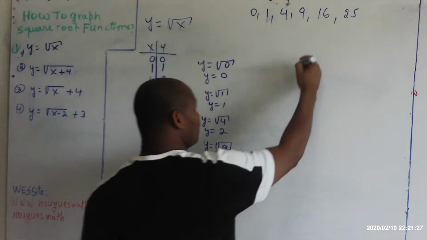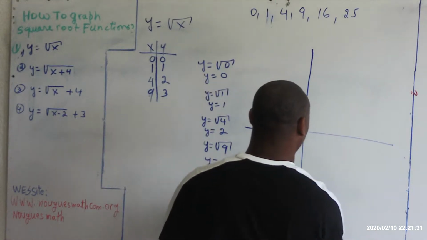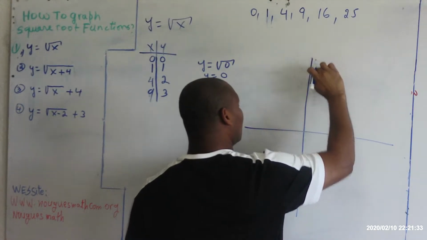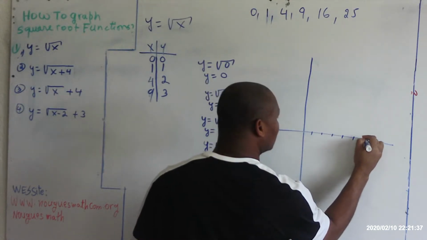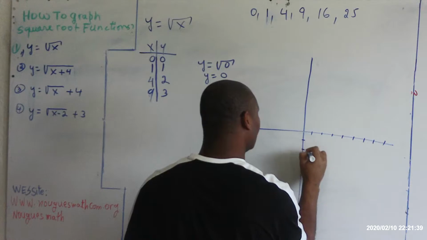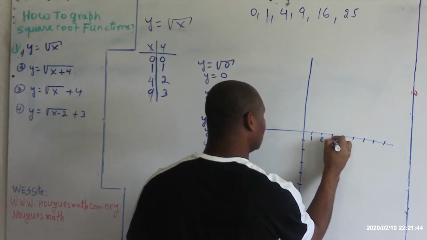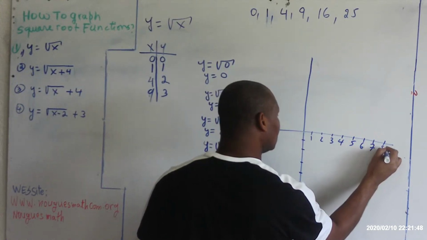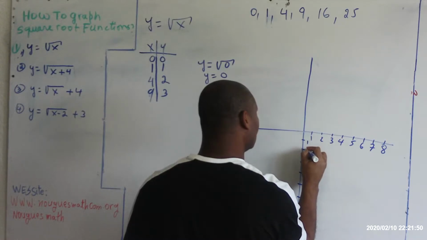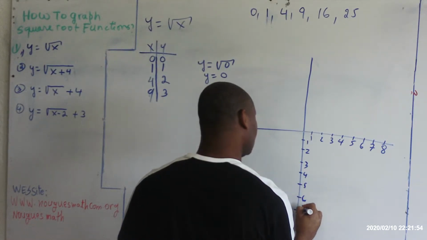Let's do that. Let's draw the axes. 1, 2, 3, 4, 5, 6, 7, 8. 1, 2, 3, 4, 5, 6, 7.